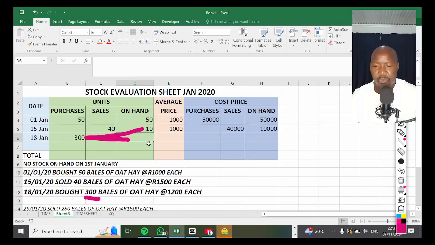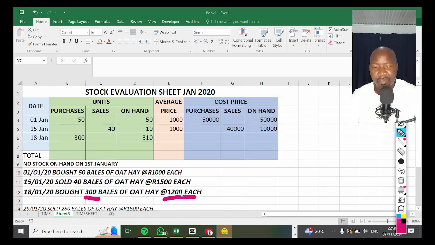And then what will be the new balance? We're going to put an equal sign, and we're going to say the stock that is in the warehouse plus the stock that we are buying now gives us what? 310 units. 310 units, they come at the cost price of 1,200.